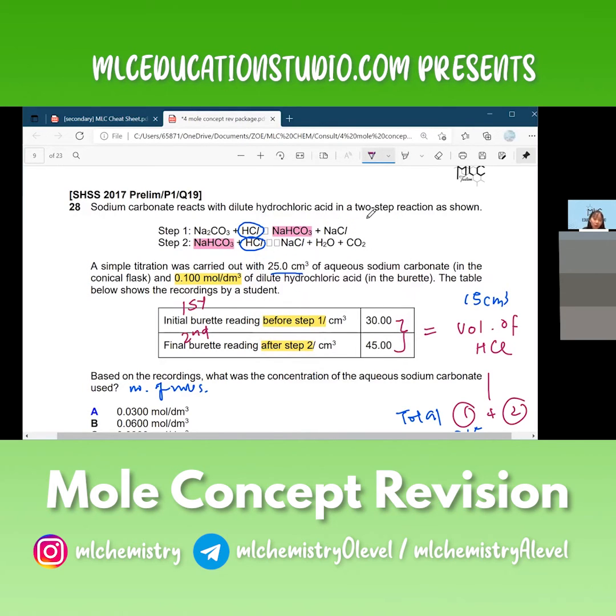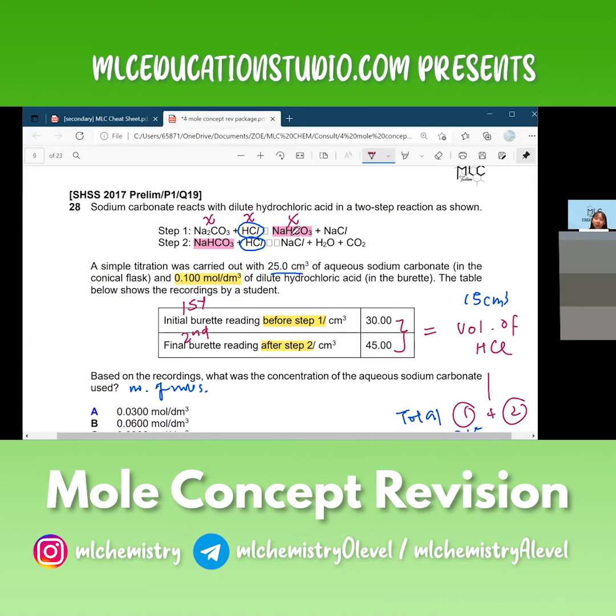Okay, so this one, just use a very simple mole ratio. There's unknown X, which is number of moles. By mole ratio, I will get X mole of HCl to react with Na2CO3, number of moles. That means I will still produce X mole of NaHCO3. So step 1 is done.